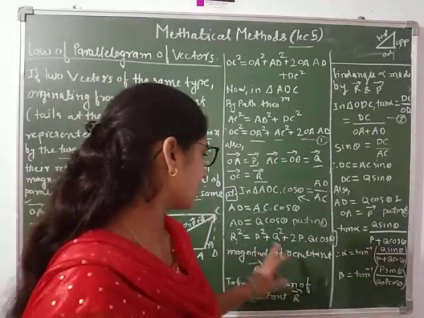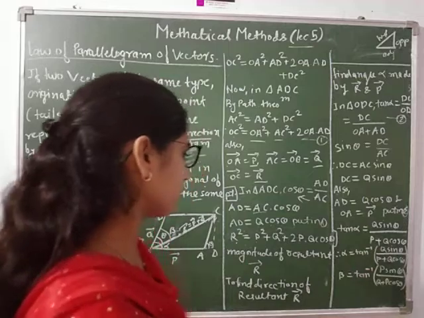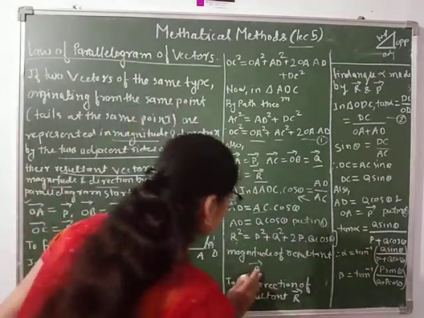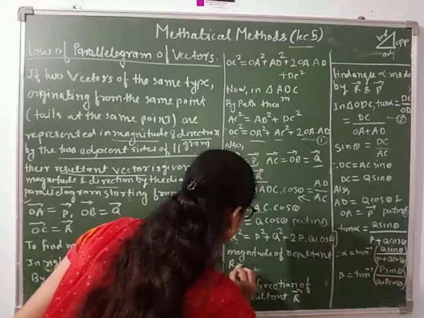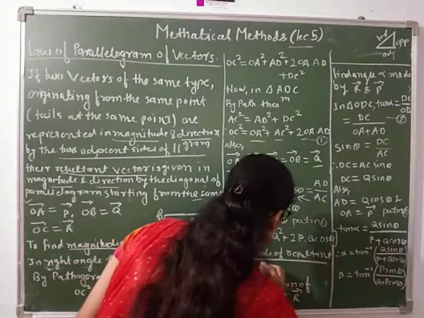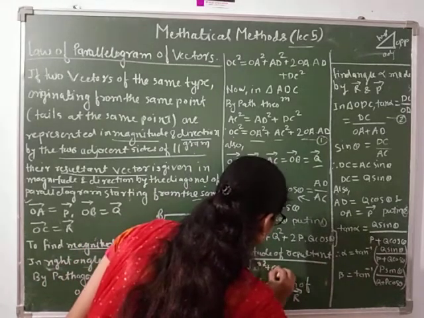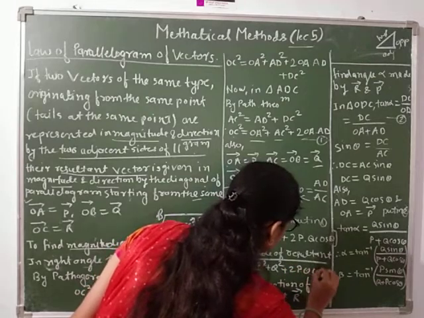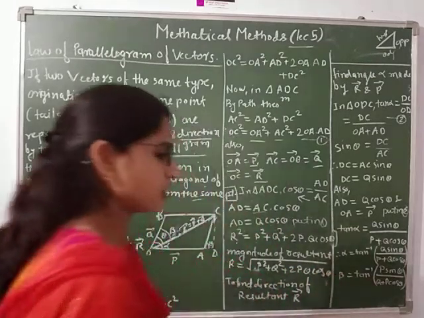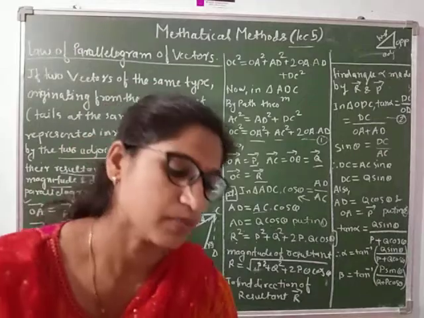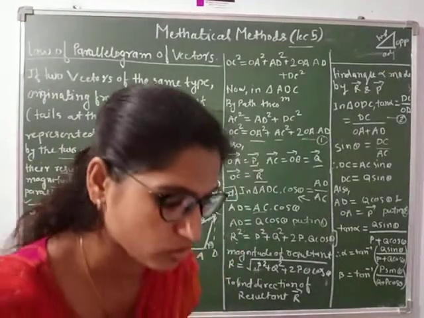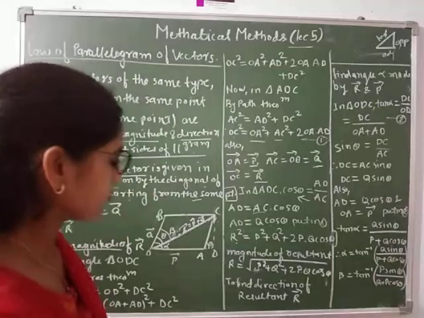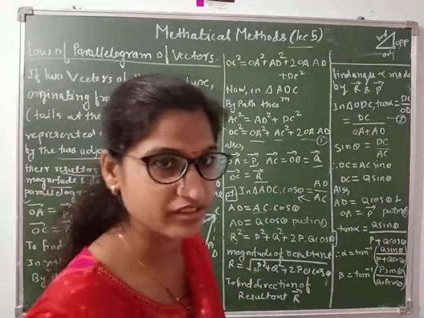This is the magnitude of the resultant vector R, and it can also be written as R is equal to the under root of P square plus Q square plus 2 PQ cos theta.